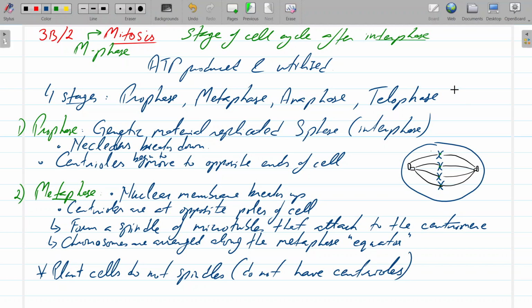So since plants don't have the organelle that produces the spindle, they don't have a spindle, obviously. That's on the side note. Okay.